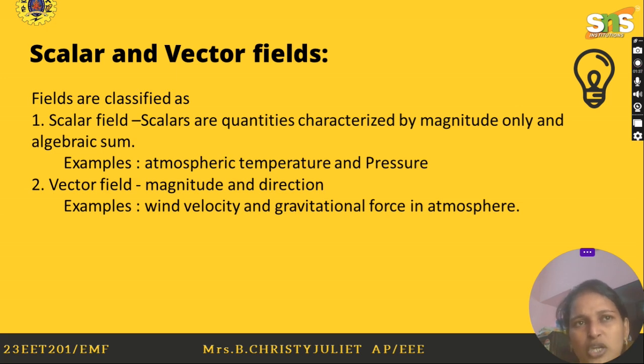If you say the velocity of a car, we say it travels at this much kmph in this particular direction. So we can easily address them with their magnitude as well as direction. Hence these are vector fields. The other example is gravitational force, and we can say n number of vector fields examples.